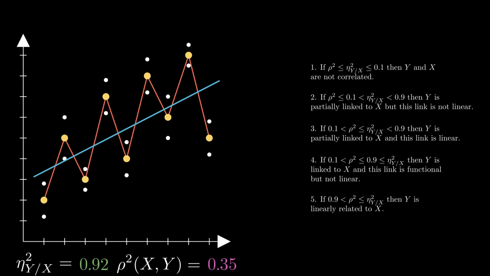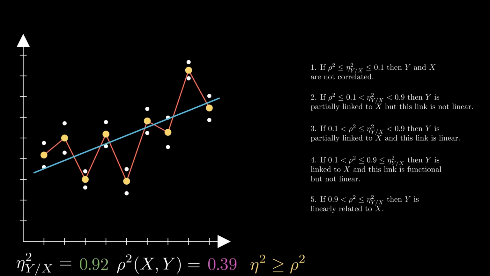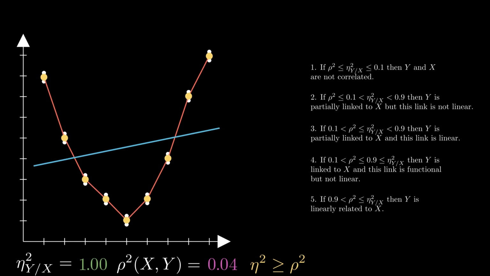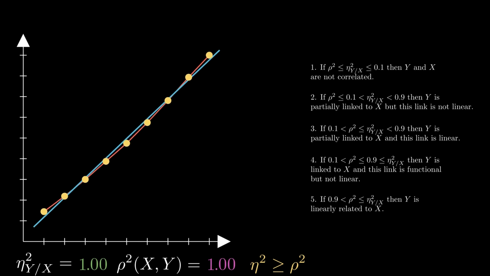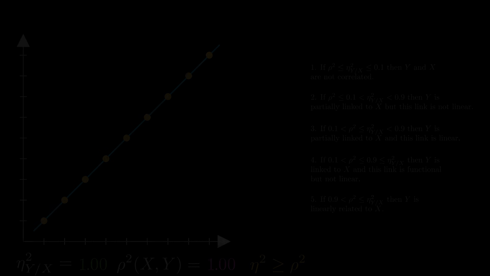Because of this, rho squared can never be greater than eta squared. It's mathematically impossible. Eta is the ceiling. And in that rare, beautiful case where rho squared perfectly equals eta squared, it means the curve of your conditional means is, in fact, a perfectly straight line.